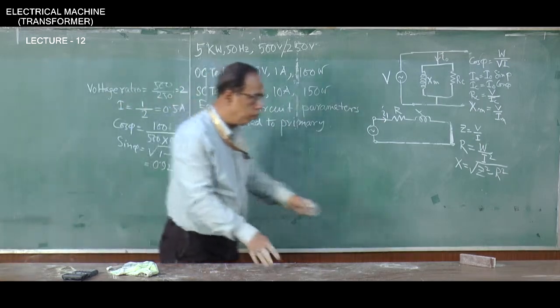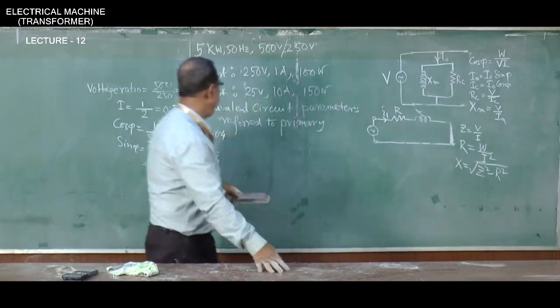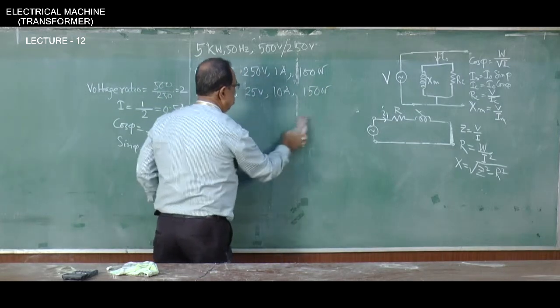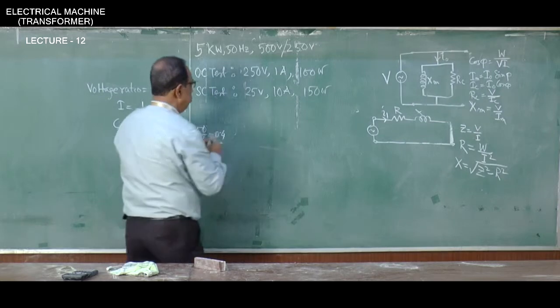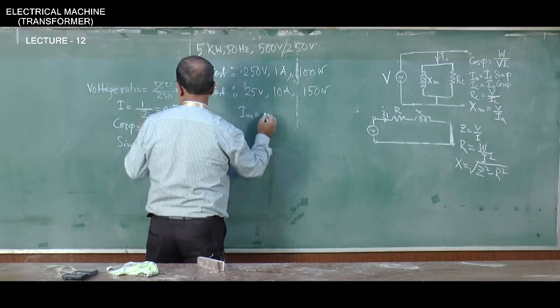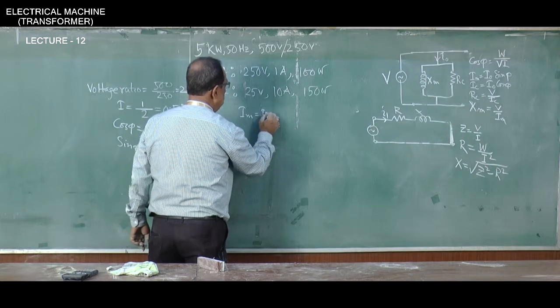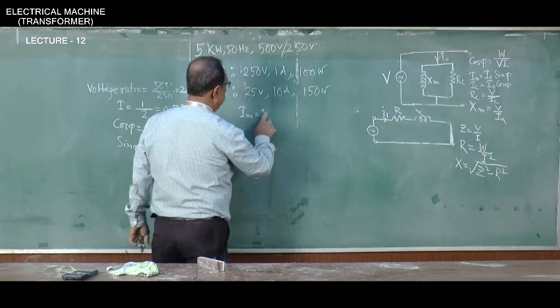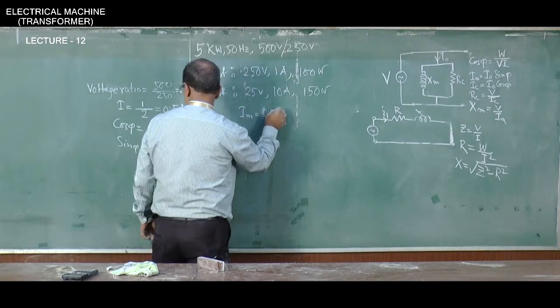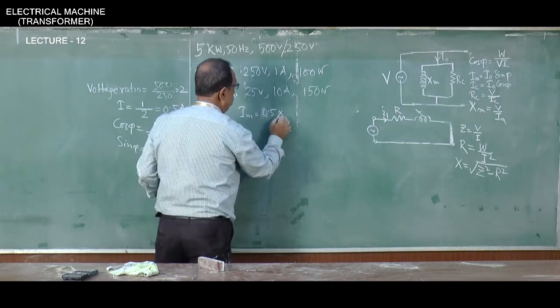So, what is the value of IM? IM is I0 sine phi. Here I0 is 0.5, so 0.5 into sine phi, 0.92.